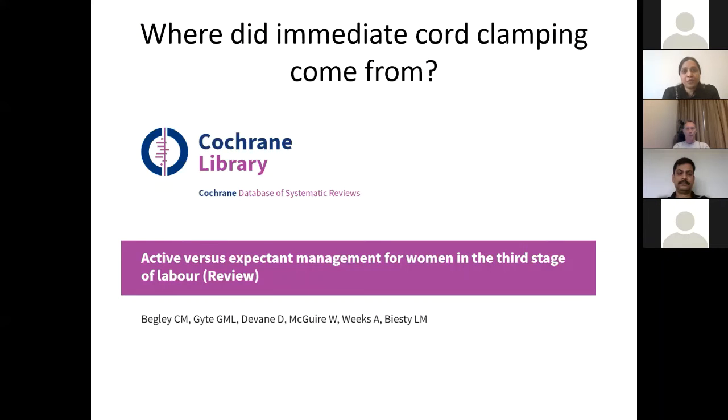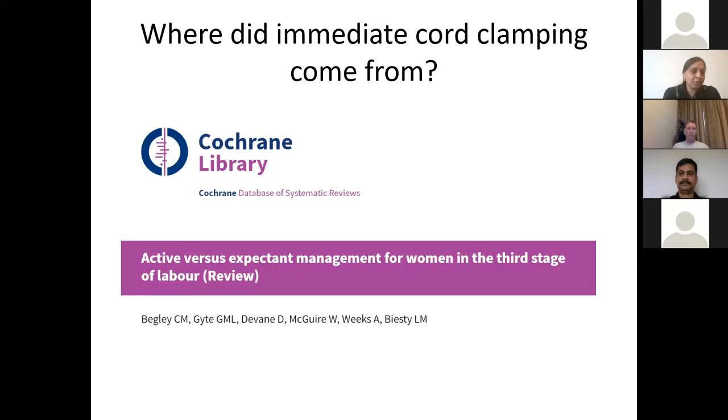So where did this whole thing about immediate cord clamping come from? Once upon a time, we used to leave the baby connected to the cord till the cord stopped pulsating and then clamp the cord. A few years ago, there was a Cochrane review mainly looking at reducing postpartum hemorrhages in women and actively managing third stage labor. And part of that was clamp the cord, take the baby away, and then give the mom some syntocinon and deliver the placenta in a controlled manner.